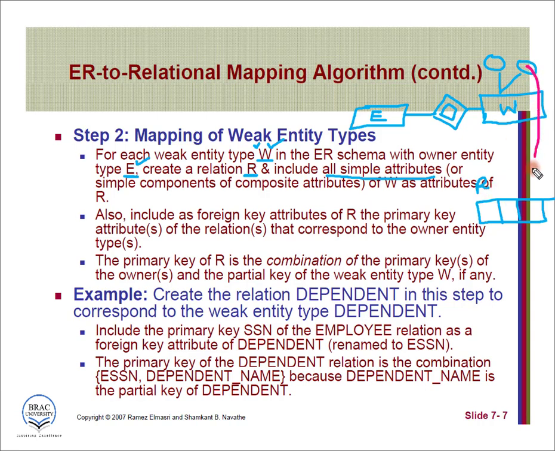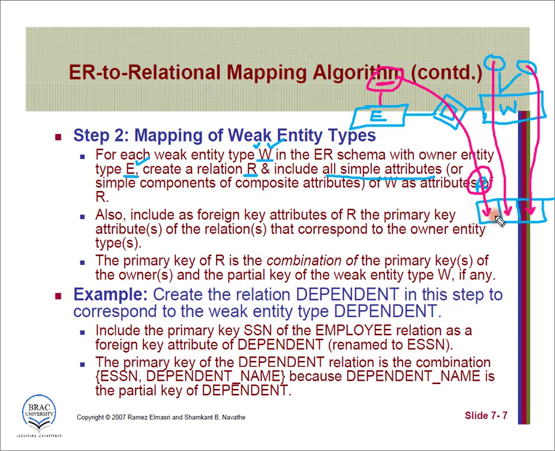These simple attributes of the weak entity will come here, as well as the primary key, the unique attribute of the strong entity which creates the identifying relationship, will also come as an attribute of this relation. So this is how you convert a weak entity into a corresponding relation in the schema.